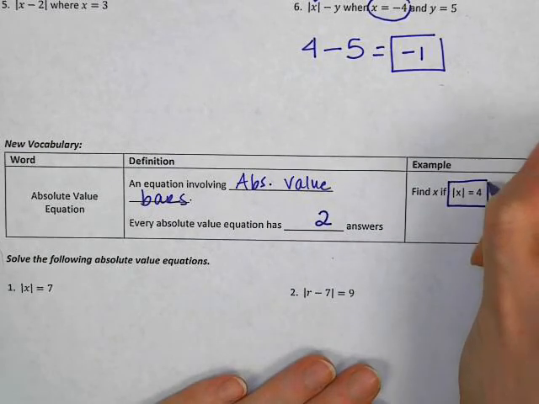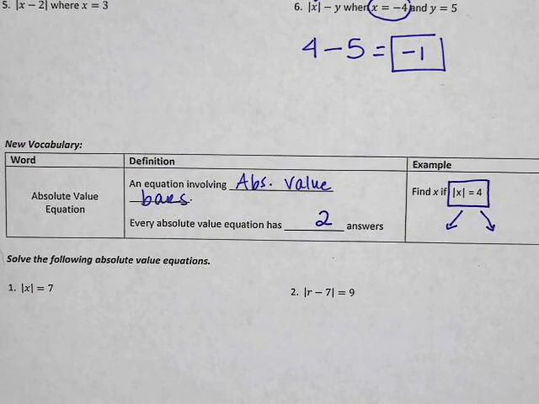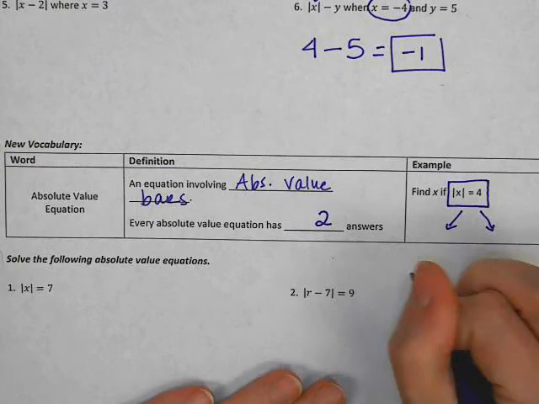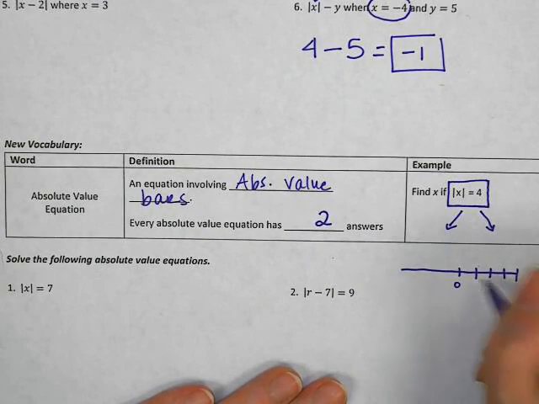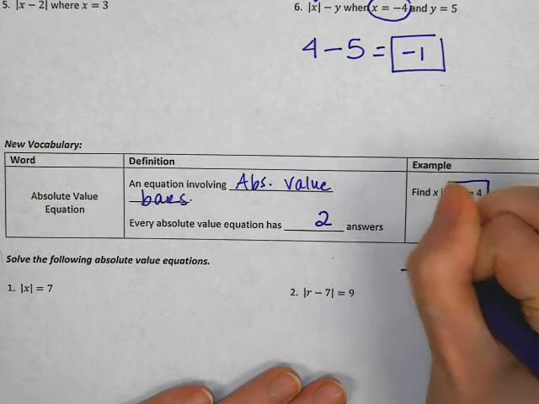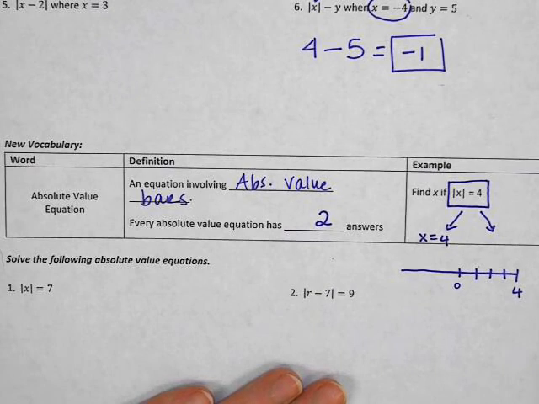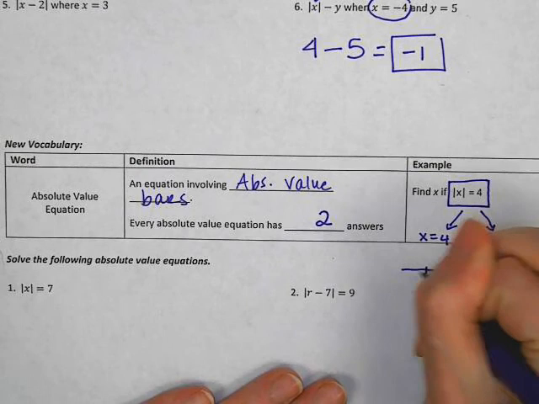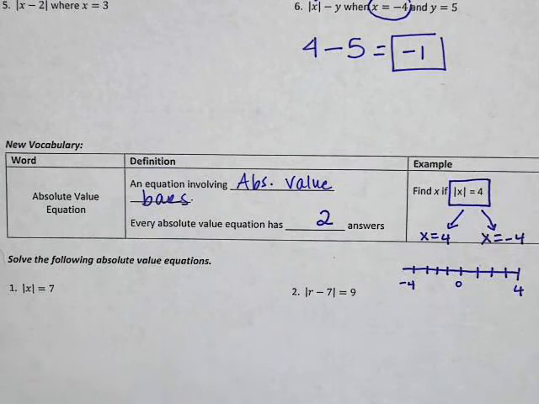It's saying, hey, what number on the number line is 4 units away from 0? If you drew a number line, what number is 4 units away? Wouldn't you say 4? Obviously. Okay, 4 is 4 units away. But there's another number that's 4 units away from 0, and that would be the negative version, -4. So every absolute value equation has 2 answers, the positive and the negative, because they're both 4 units away from 0.